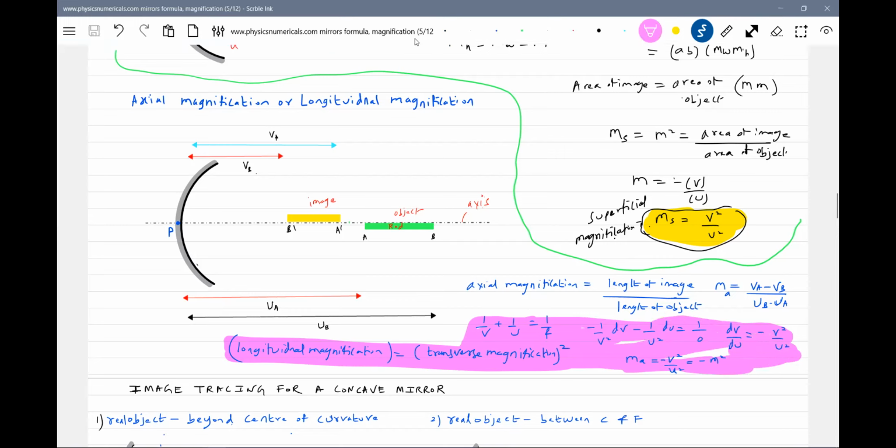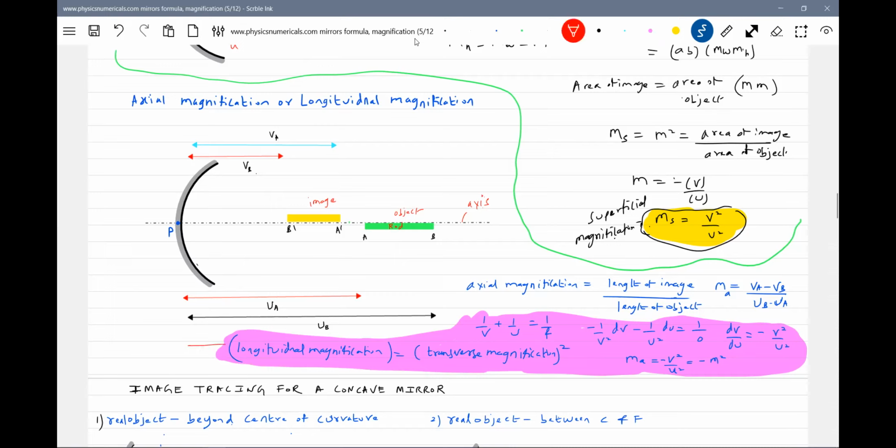So all this pink color content is applicable only when the length of the rod is very small, for a small object length.